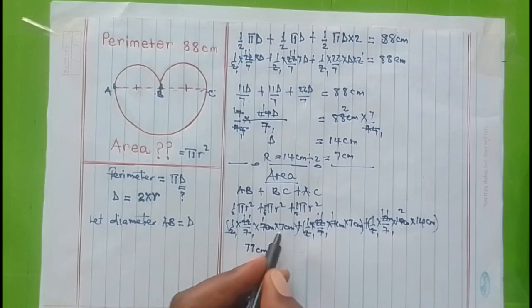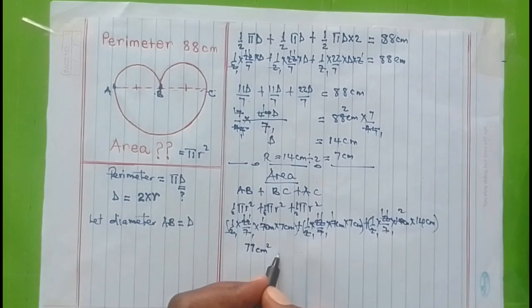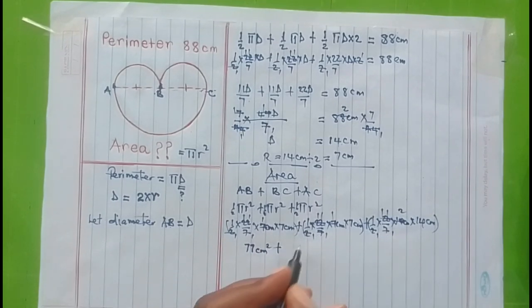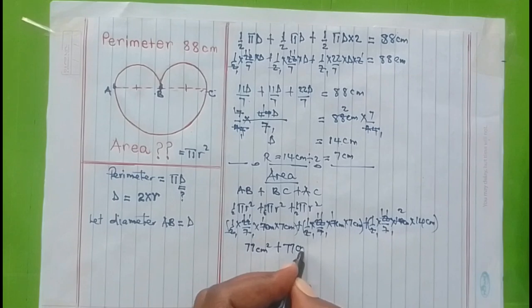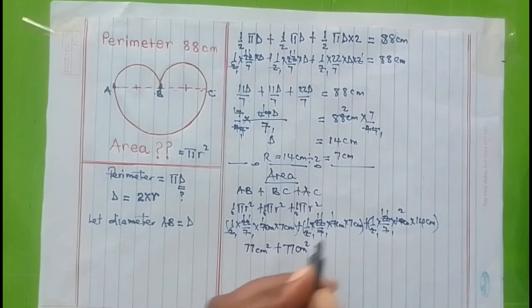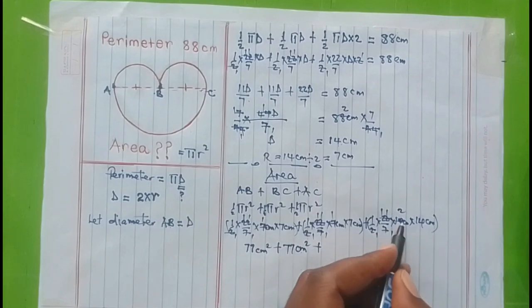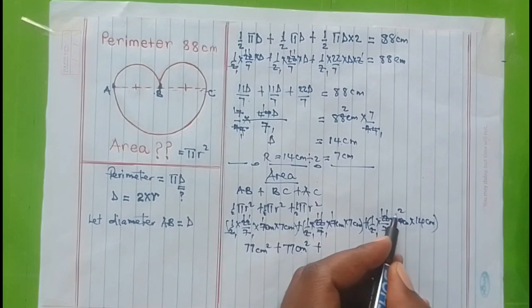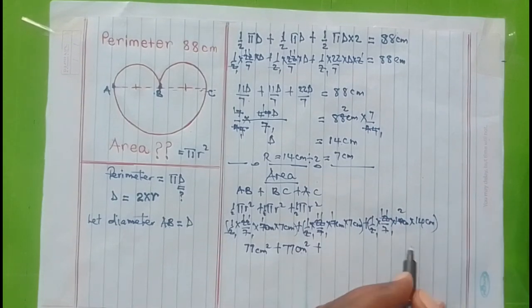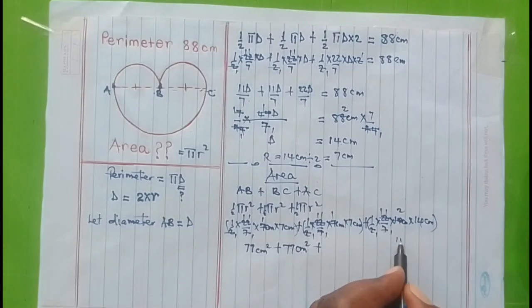But we have here centimeters times centimeters, which will be squared centimeters. And here the same, squared centimeters, plus 11 times 2 is 22 centimeters. Now 22 times 14.